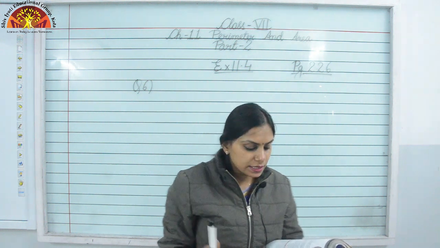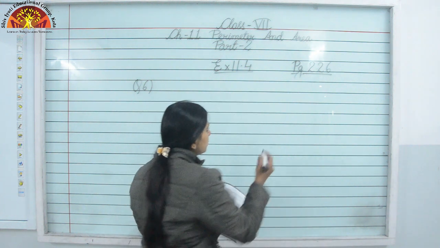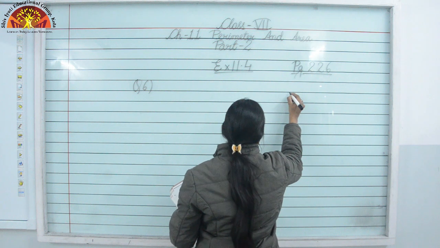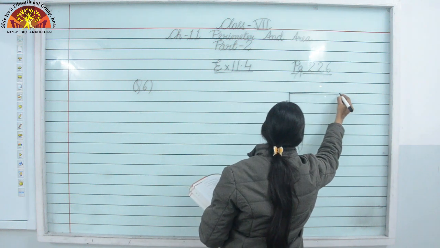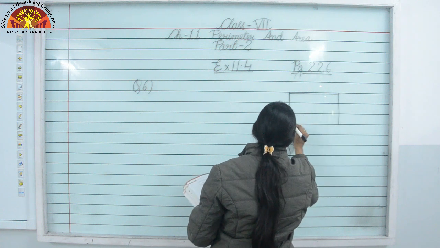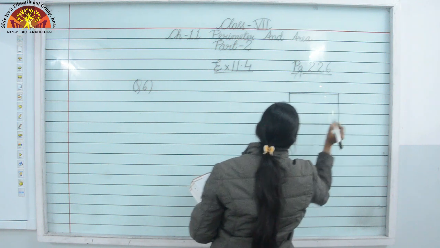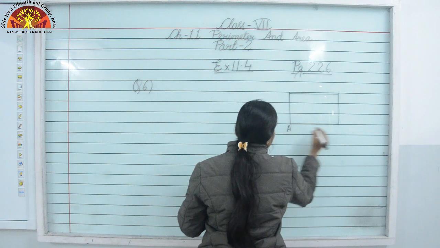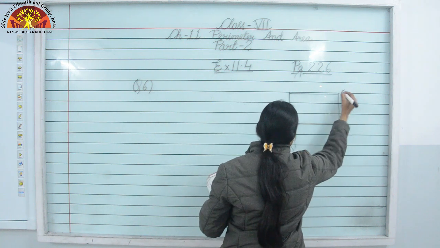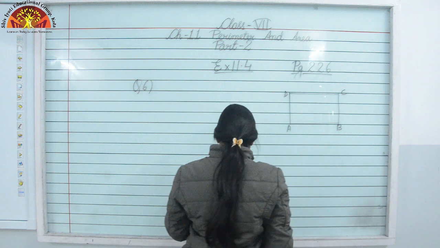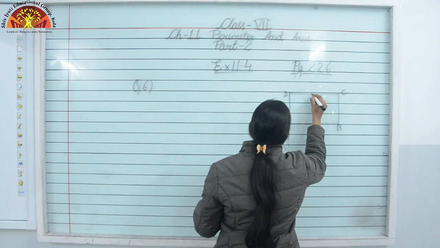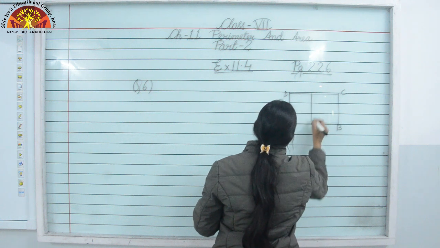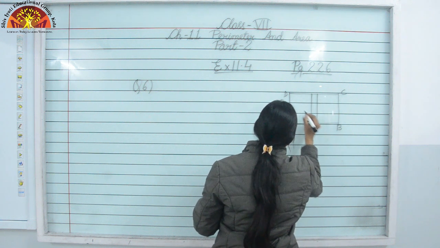So children, we will just understand this question with the help of a figure. So children, just see, this is a rectangular park, A, B, C, D, and these are the roads cutting at right angles to each other.